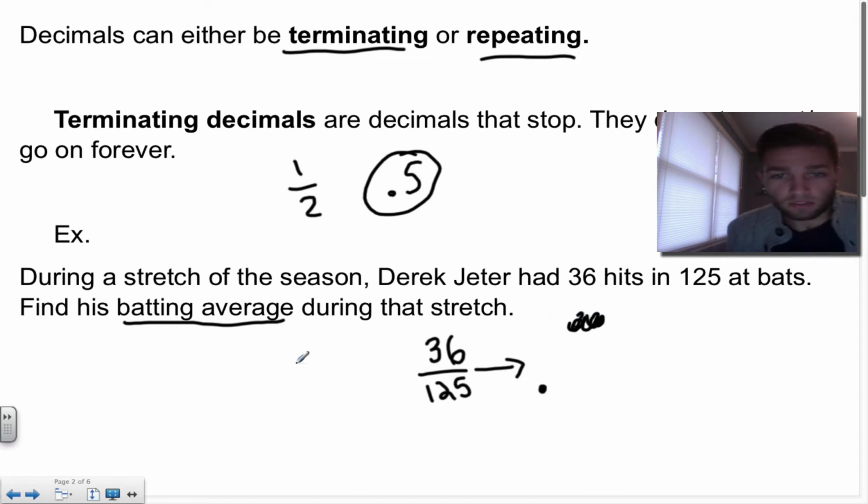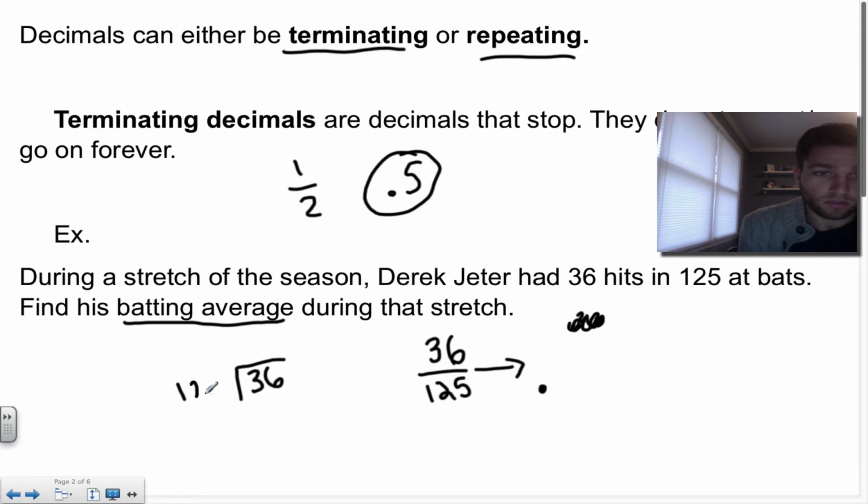Anyways, let's do a little long division to find Derek Jeter's batting average. 36 divided by 125. 125 can go into 36 no times. So it's 0. We need a little decimal. 125 can go into 360 twice, and that would be 250. Okay. Do a little subtraction.